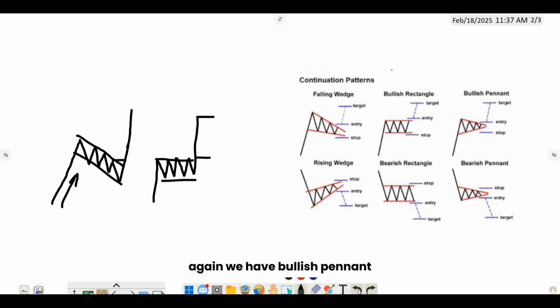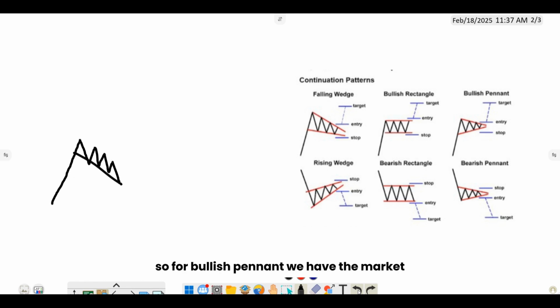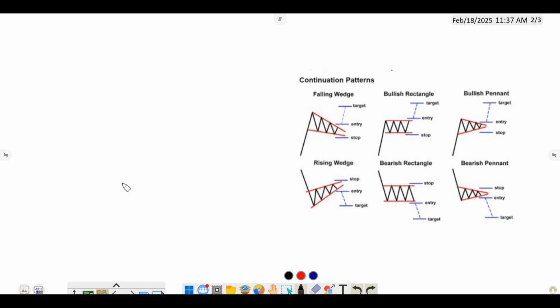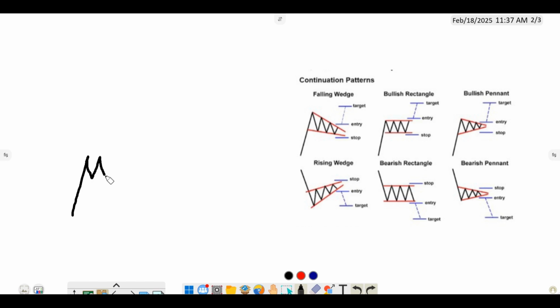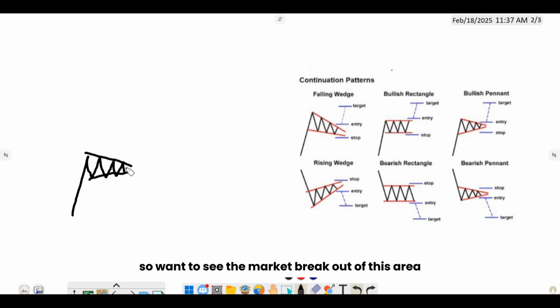Again, we have the bullish pennant. For the bullish pennant, we have the market coming out of a bullish direction, then forming a kind of trend that is squeezing, squeezing in on both ends. We want to see the market break out of this area, forming a bullish movement and going in the same direction.